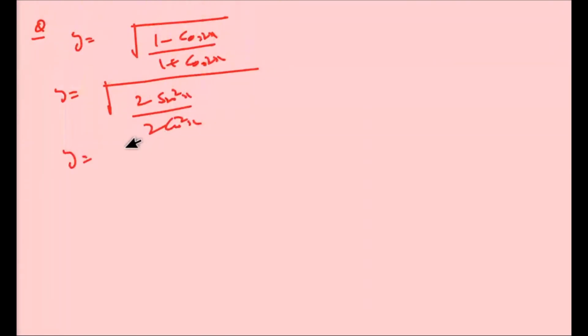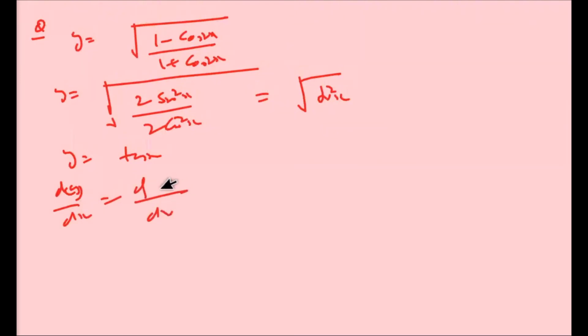So the 2 cancels, sine x upon cos x, taking the under root. It is under root tan square x, so it is tan x. Now differentiate this with respect to x, dy by dx. We already know the differential of tan x is sec square x.